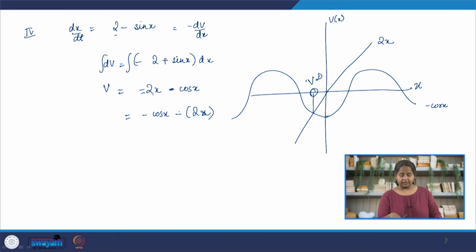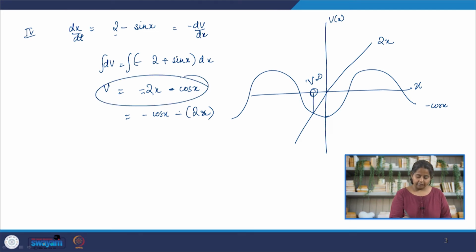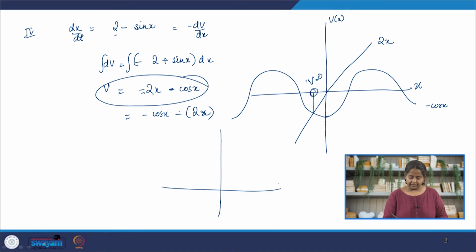Now notice here, in this particular case, our net diagram will end up looking something like this. As long as the line is above the curve, which is cos x, we will have a negative value. When the line is below the curve, no matter how the plot behaves, when the line 2x is below the curve, we will have a positive value because the line is smaller than the curve.